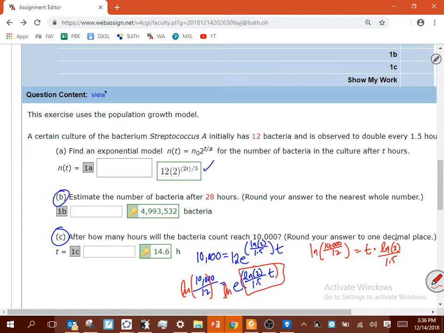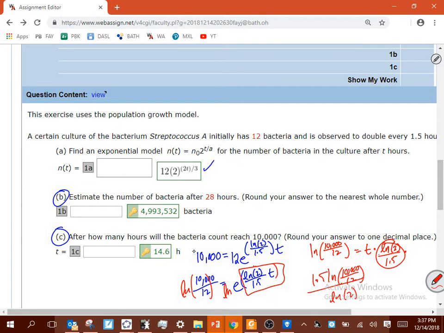So now I can multiply by the reciprocal, so it gives me ln of 10,000 over 12 times 1.5 up top, and ln of 2 on the bottom.